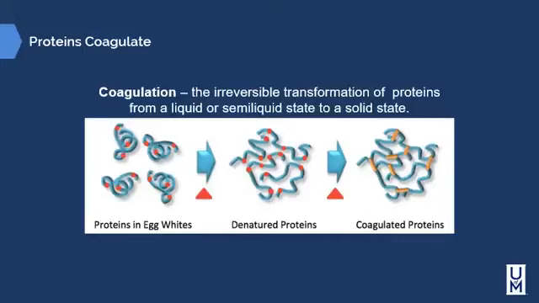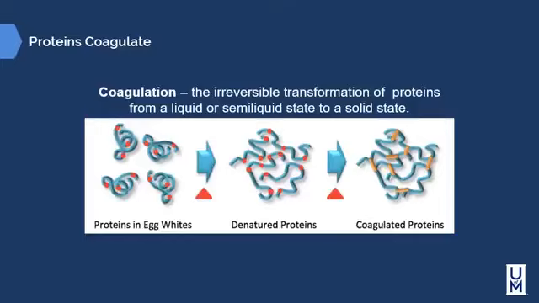Most proteins complete coagulation between 160 and 185 degrees Fahrenheit, or 71 to 85 degrees Celsius. When heated for too long, or above 185 degrees Fahrenheit, 85 degrees Celsius, most proteins dry out and toughen.